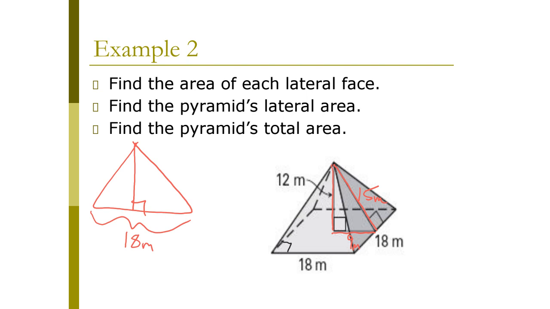If you remember your triples, that's a 3, 4, 5 that's been tripled. So I've got 18 and then a height of 15. Awesome. So area is equal to 1/2 my base, which is 18, times my height, which is 15.